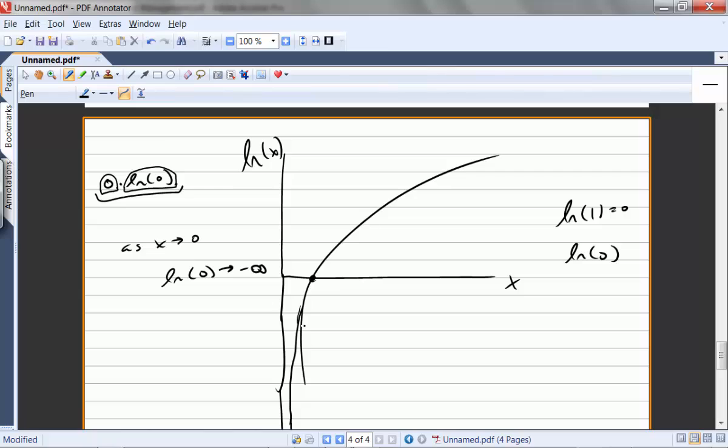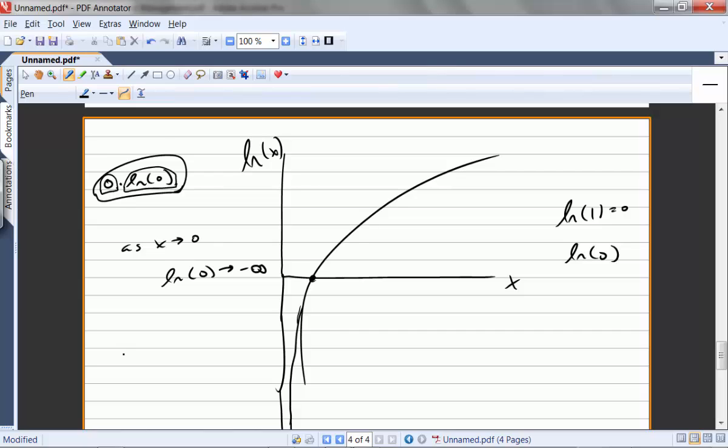If x approaches 0 faster than the natural logarithm of x approaches negative infinity, then this will equal 0. But if the natural logarithm of x approaches negative infinity faster as x approaches 0, then this would be equal to negative infinity.